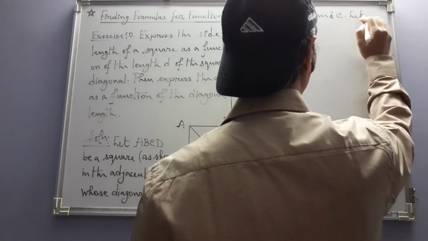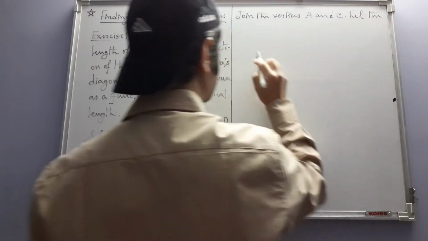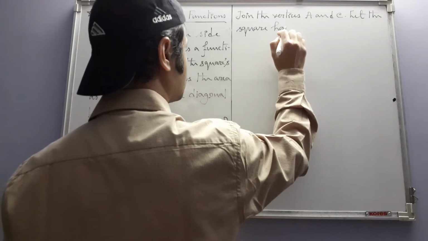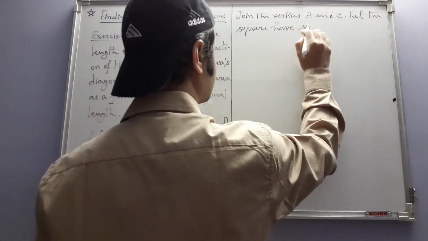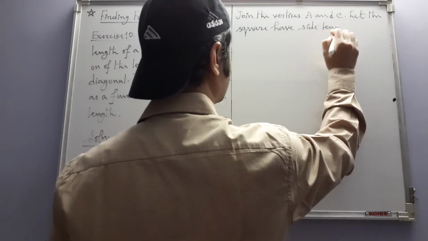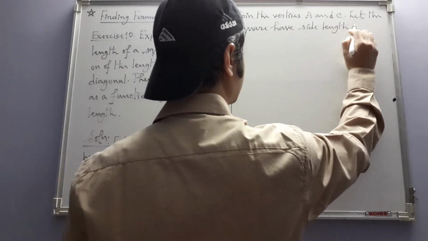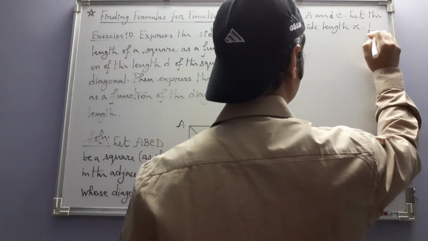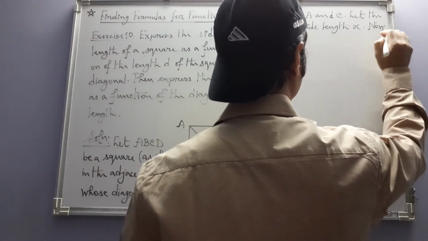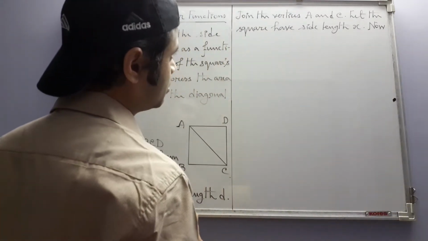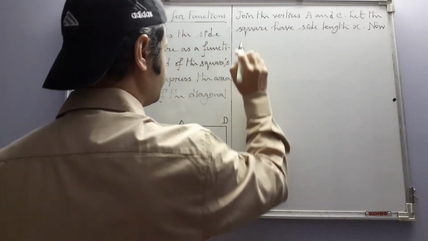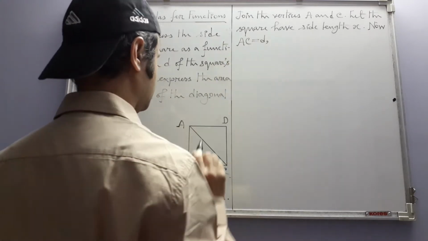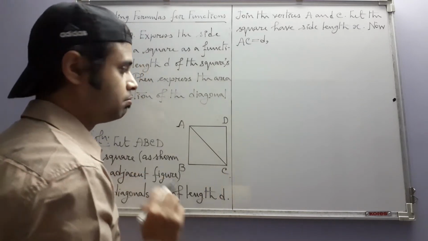Let the square have side length x. Now AC is D and AB and BC are both x.